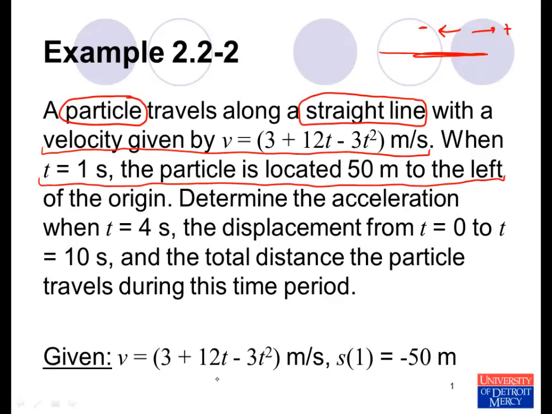We're told that the units of the velocity are meters per second. Here we have these different coefficients, 3, 12, and negative 3, and they're multiplying different things: time squared, time, and then nothing. Implicitly, these coefficients have units.